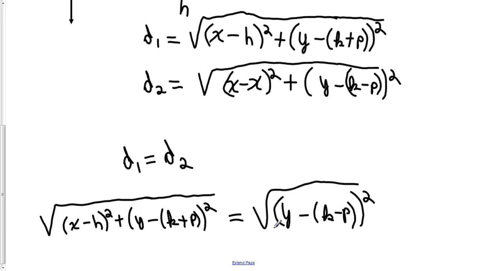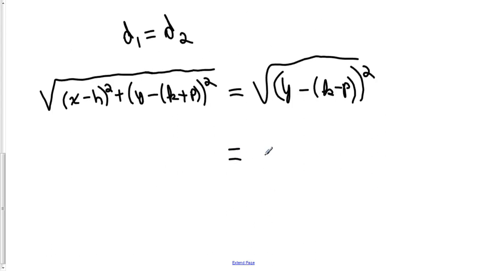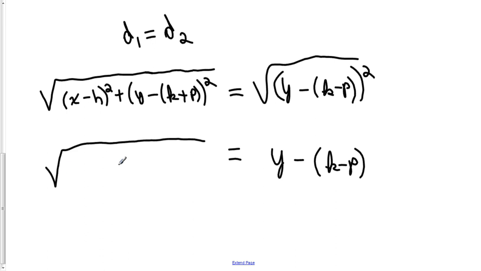So the square root and the square cancel each other out, telling me that this is just y minus k minus p equal to the square root of x minus h squared plus y minus k plus p squared.